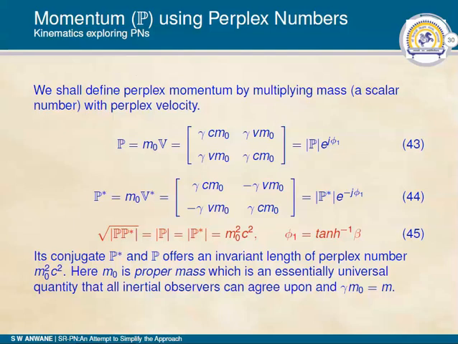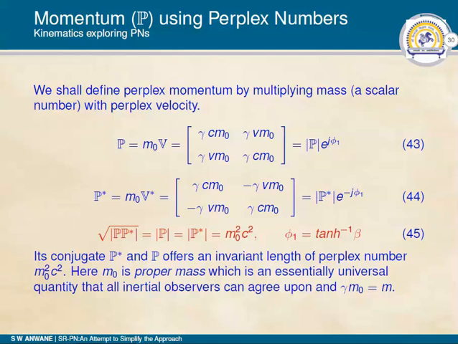Here purposefully I have used the symbol phi1 for the Euler angle involved because I am going to use two forms of these equations. Similarly, P star is m0 V star, which is mod of P star e to the power minus j phi. Here mod of P star is essentially equal to the square root of mod of P P star, which turns out to be m0 squared c squared if you operate the multiplication as desired.